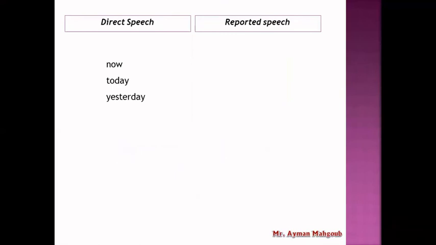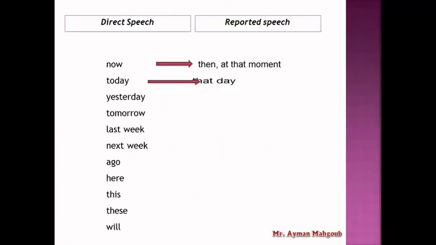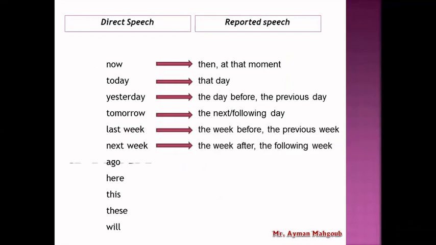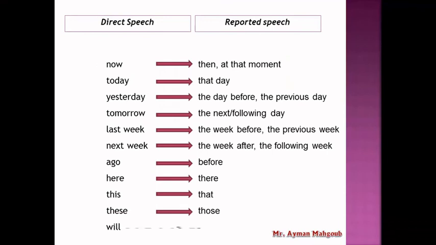So now becomes then or at that moment. Today becomes that day. Yesterday becomes the day before or the previous day. Tomorrow becomes the next day or the following day.